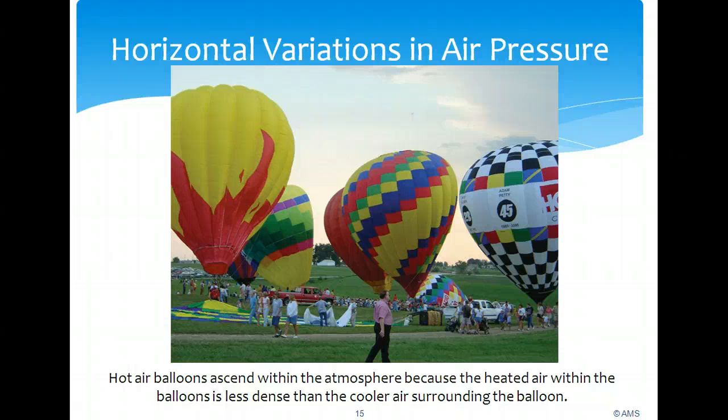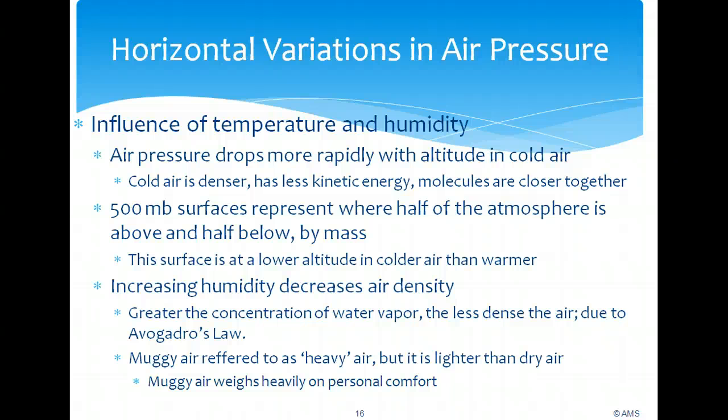A lowered total mass in the column would exert less pressure on the Earth's surface. So understanding the greater density of cold air versus warm air at the same pressure, we can see the effect that might occur because of the rate at which the air pressure drops with increasing altitude. Air pressure drops more rapidly with altitude within a cold, that is a denser, column of air than a warm or less dense column of air.